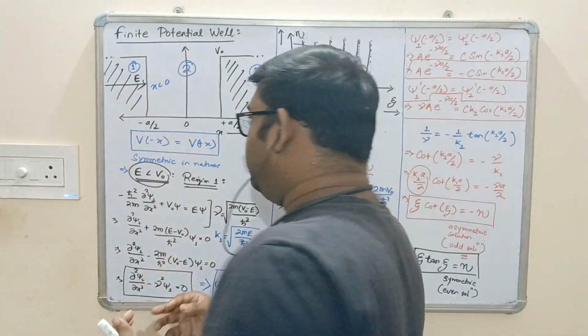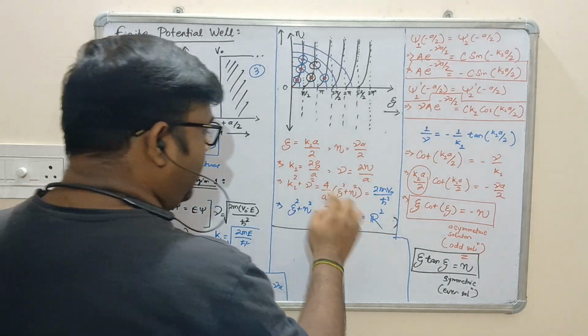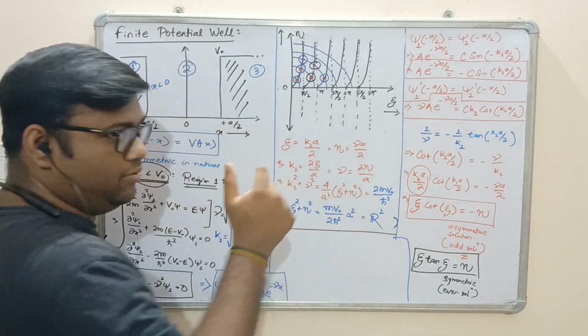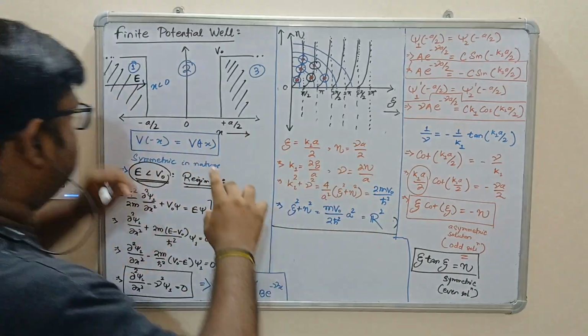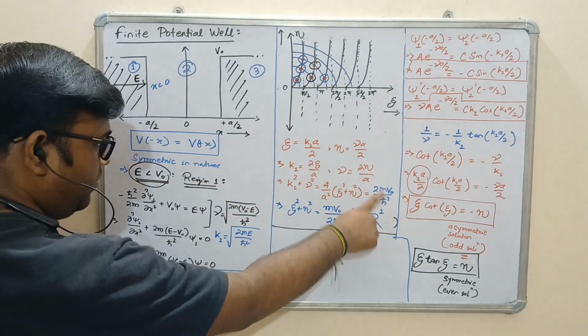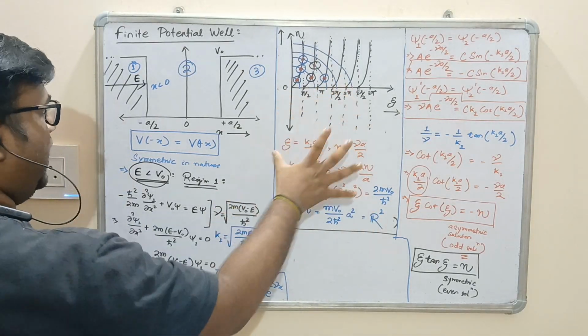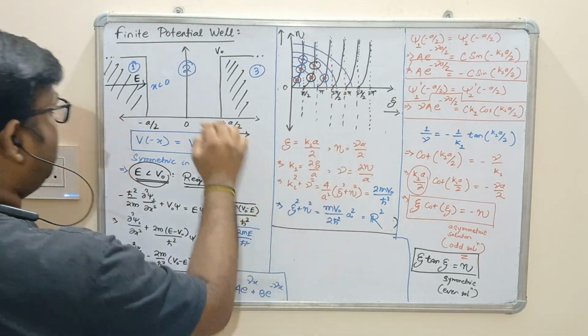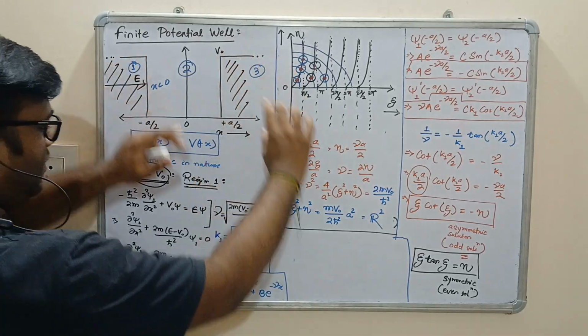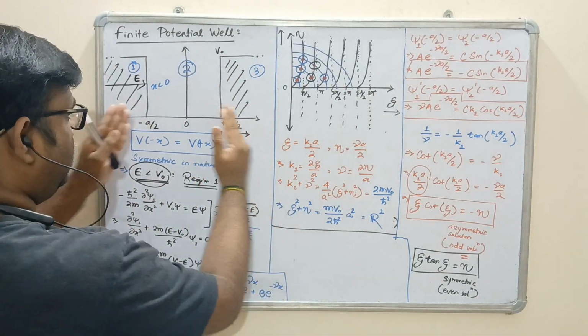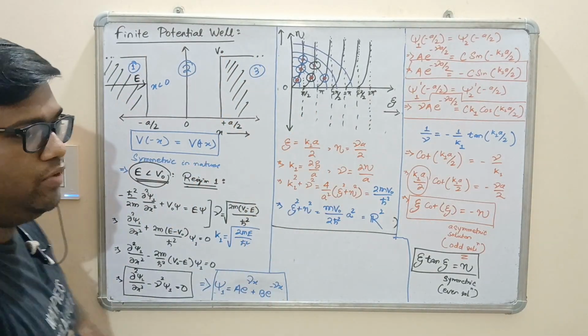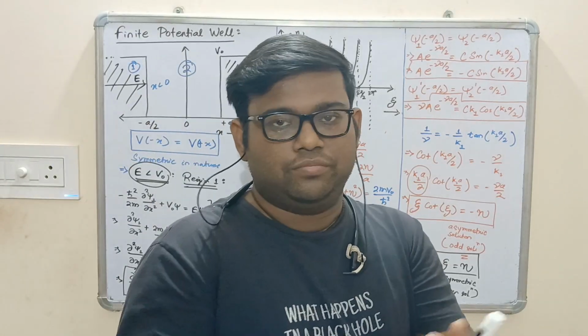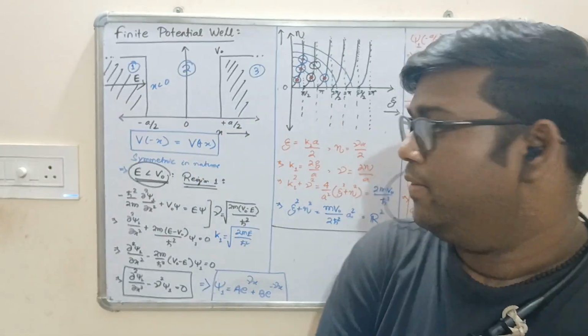Now the radius depends on the potential and the length, the width. The number of bound states in a system can be calculated from the depth of the potential and the width of the box, or width of the well.